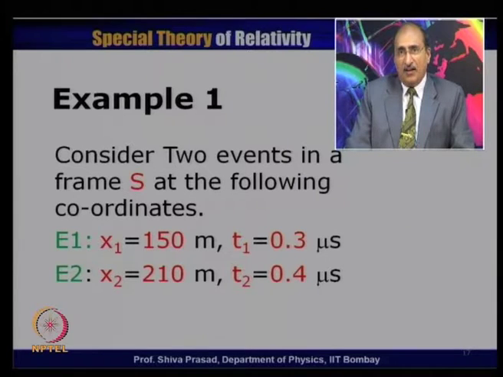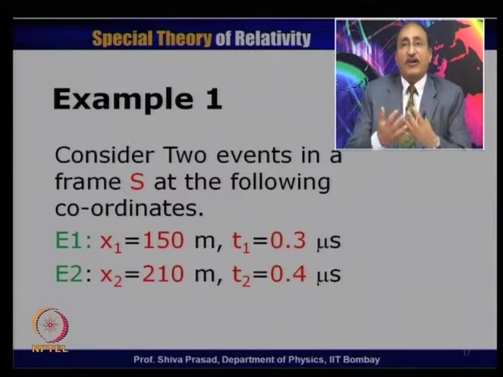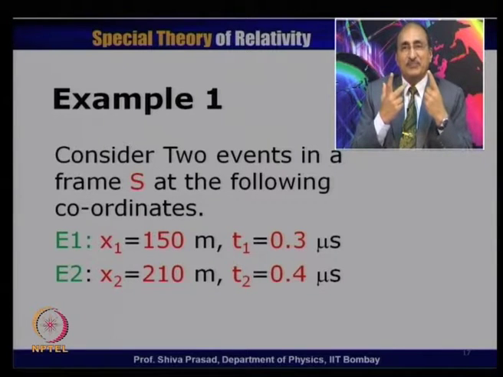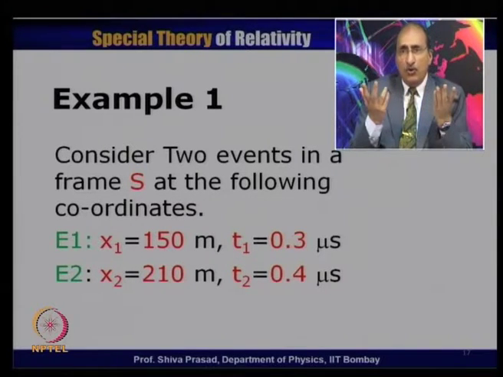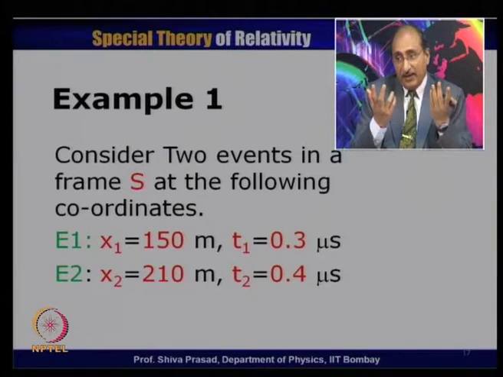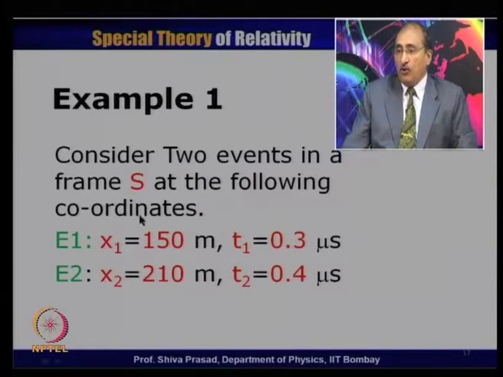Our question is to find the proper time interval between these two events. So let's first find delta x and delta t. I will find x2 minus x1, which gives delta x, and t2 minus t1, which gives delta t.